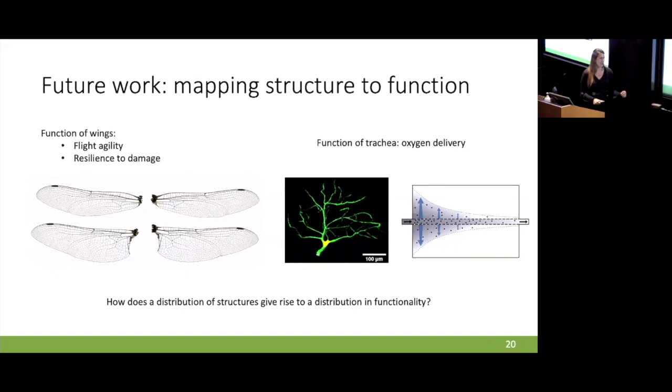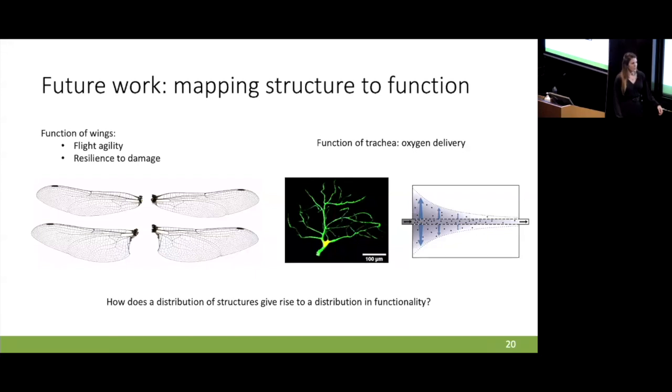The way the system works is that oxygen enters at the root of this tree, and then as you're going along the channel, the walls are leaking oxygen, and it's leaving and feeding the cells. So you have this type of perfusive system, and what we'd like to do is to map each structure like this to the total amount of oxygen that it provides to the animal.